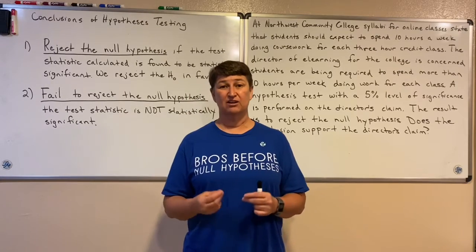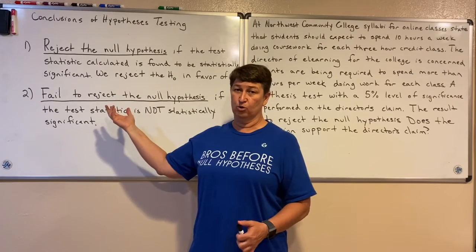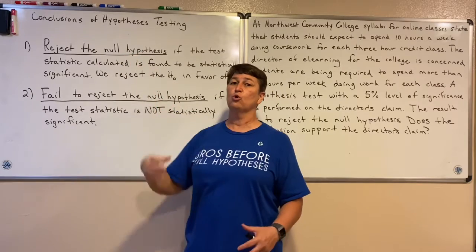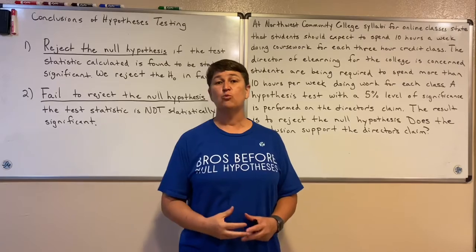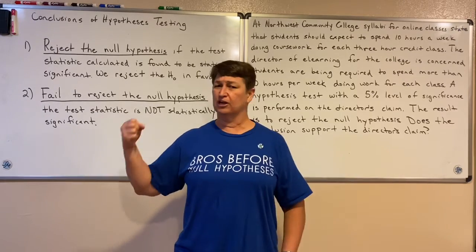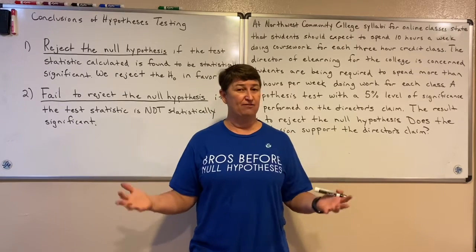We have to collect enough evidence. The same thing is true with our hypothesis here. Our null hypothesis, we're going to presume that it is true unless we get enough evidence that we can reject it. But we have to collect enough evidence.